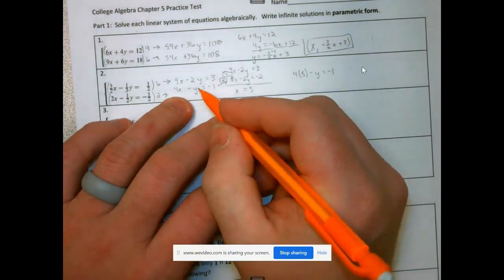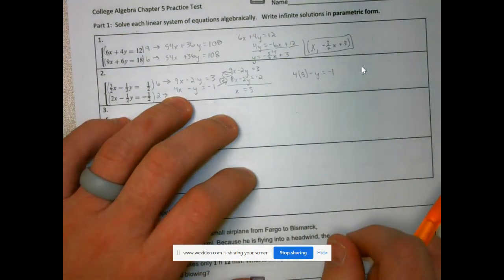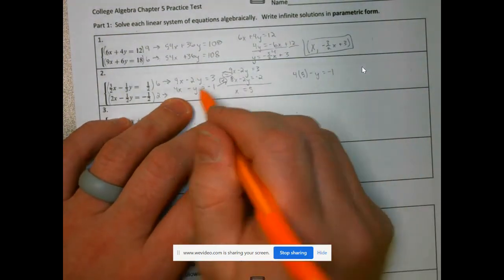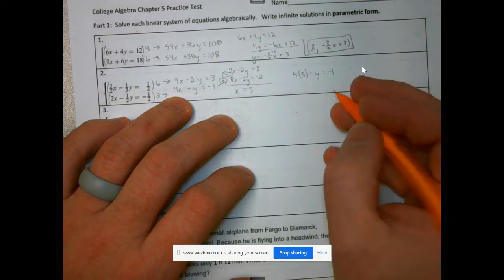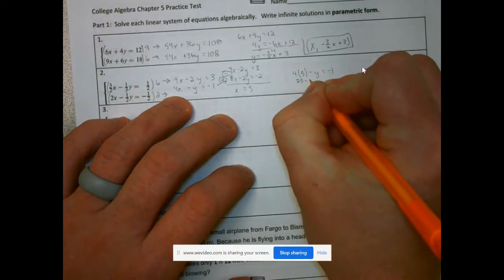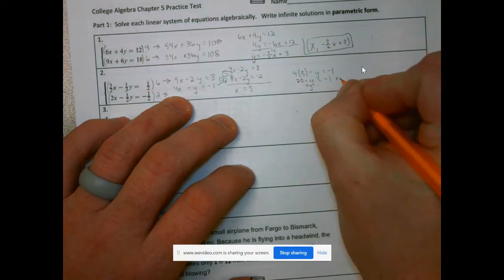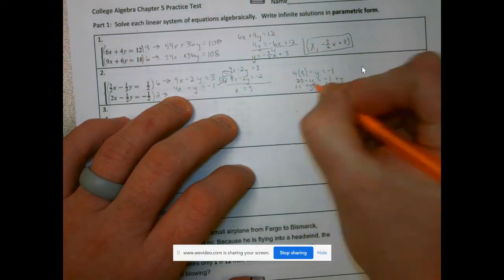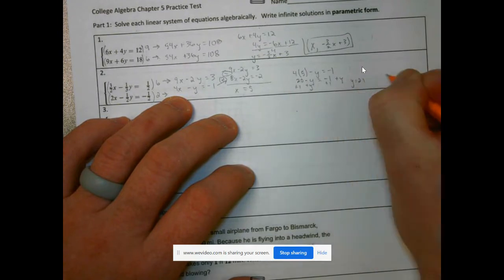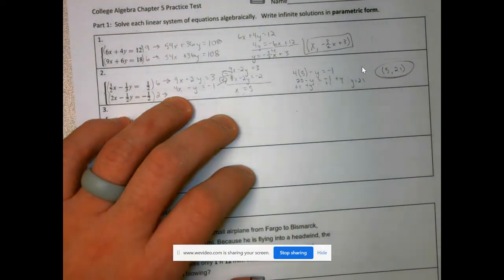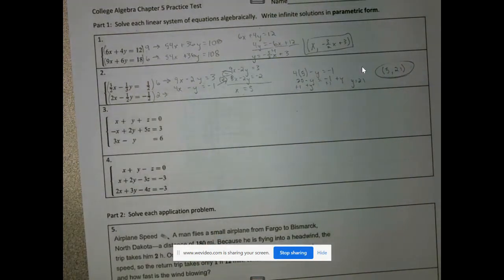It doesn't matter which equation you plug it back into, as long as it's one that you have. So you have 20 minus y equals negative 1. If I add y and add 1, I get y equals 21. So your ordered pair is (5, 21). Those two lines intersect at that point.